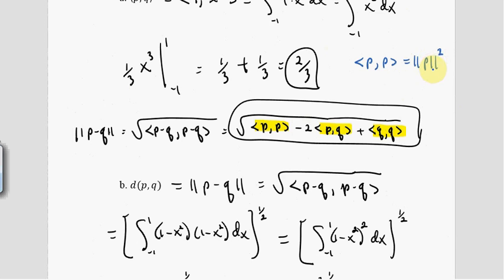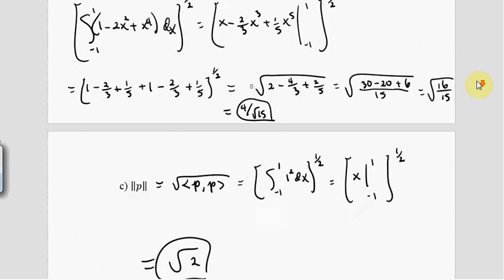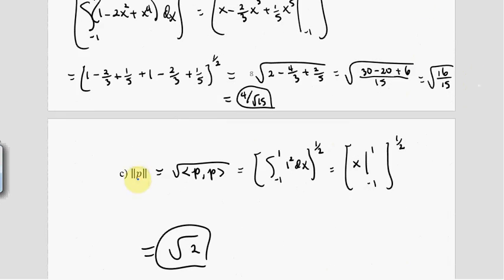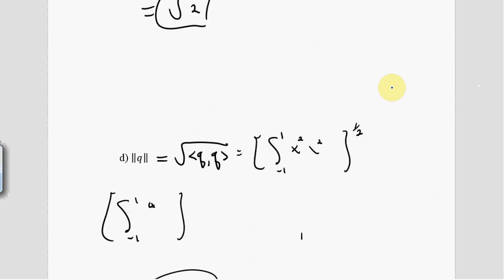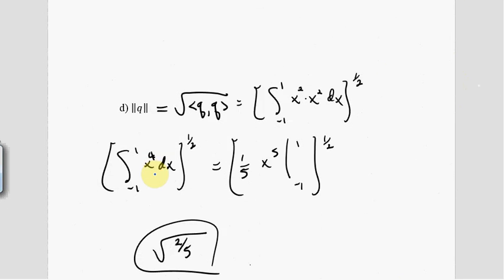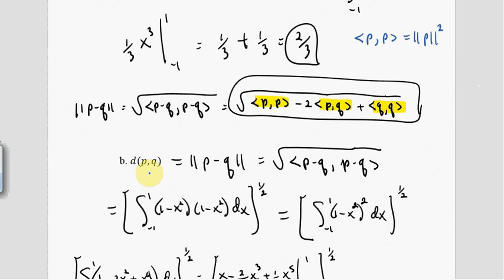So this norm of P, did I find that somewhere? I found it right there, right? And then look, this inner product of Q with itself is going to be the norm of Q squared, right? We found that downstairs as well. Put those three numbers together and compute that in that square root. Let's see if you still get 4 over the square root of 15. You should.